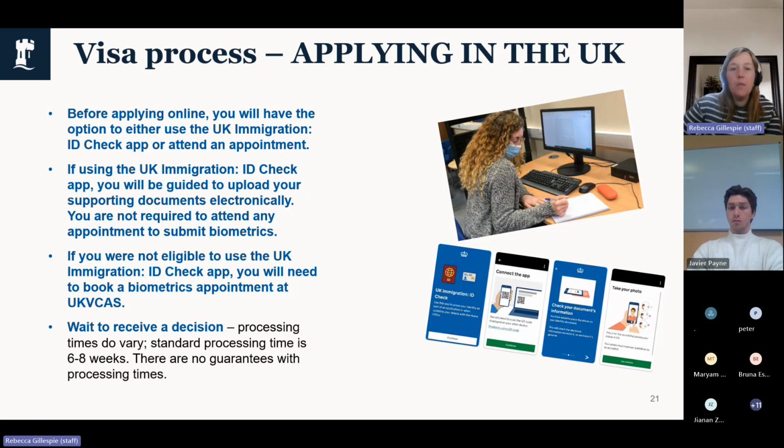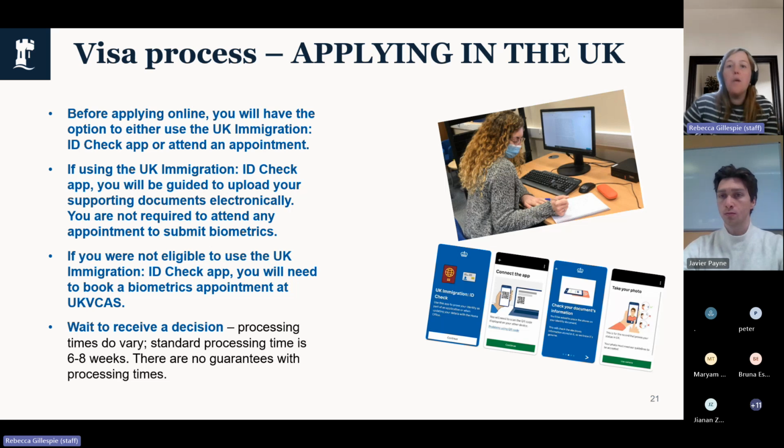If you're not eligible to use the Home Office app, you will need to book a biometrics appointment at UKVCAS. Now, when you go through the process, you will be prompted and guided. So if this doesn't mean much at the moment, don't worry. It should be clear in terms of which direction you need to go.